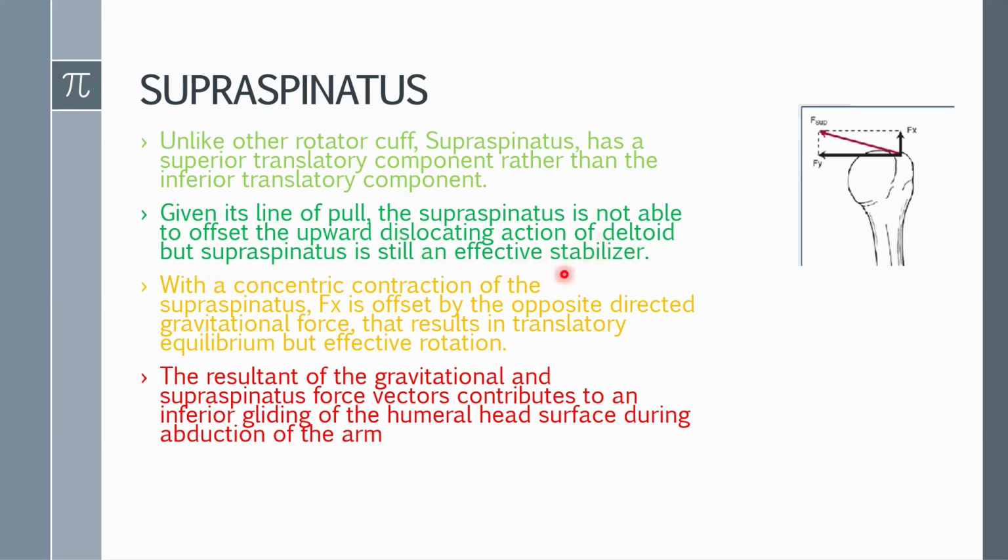With a concentric contraction of supraspinatus, effects are offset by the oppositely directed gravitational force. That results in translatory equilibrium but effective rotation. So the resultant of the gravitational and supraspinatus force vectors contributes to an inferior gliding of the humeral head surface during abduction of the arm.